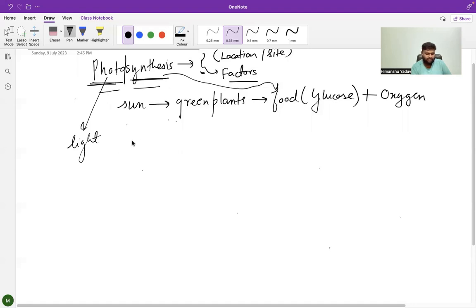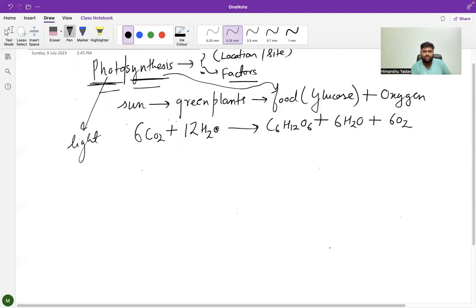What is happening actually is that 6 molecules of carbon dioxide along with 12 molecules of water form glucose and release water and oxygen, utilizing the light from the sun and the pigments.